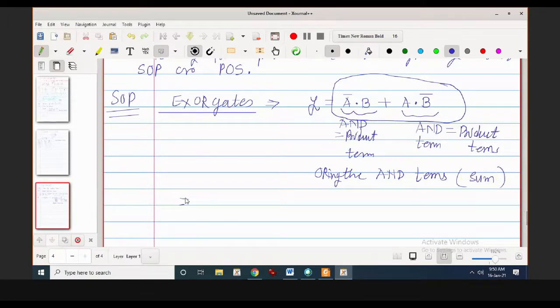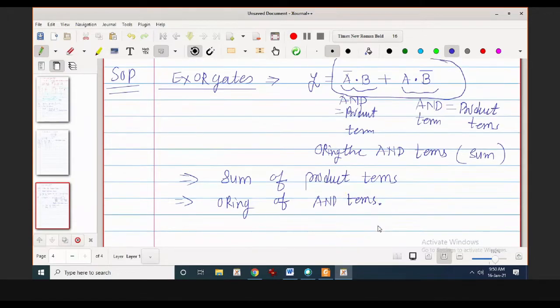So this particular equation becomes a sum of product terms, or you can simply say ORing of AND terms. So this is called sum of products.